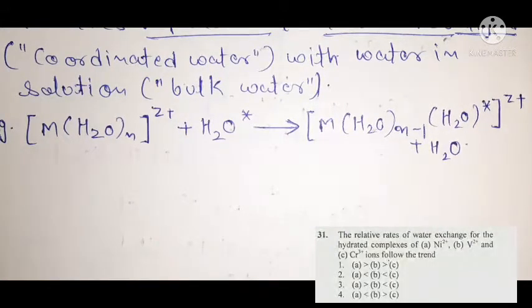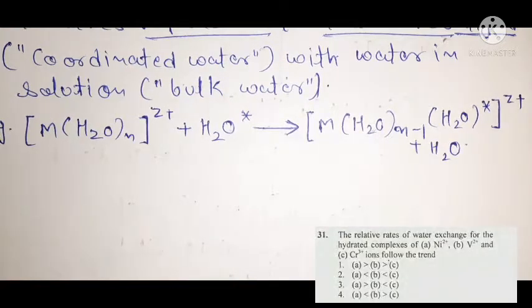Okay friends. Now in this question they are asking you about the order of the reaction rate for different complex ions. In this question we have three complex ions: nickel 2 plus, vanadium 2 plus and chromium 3 plus.